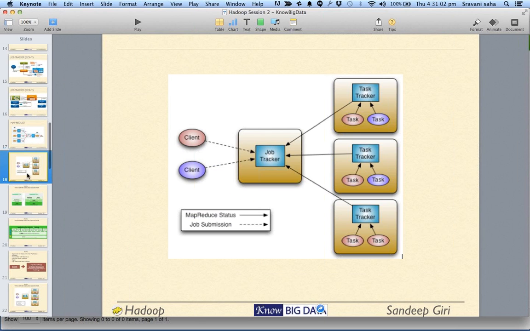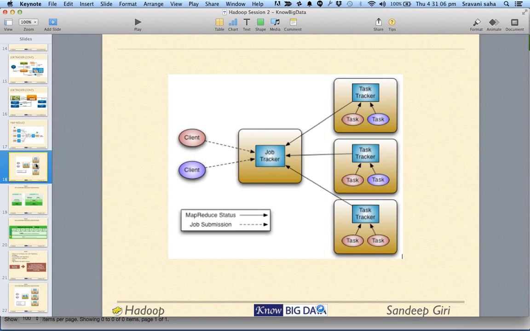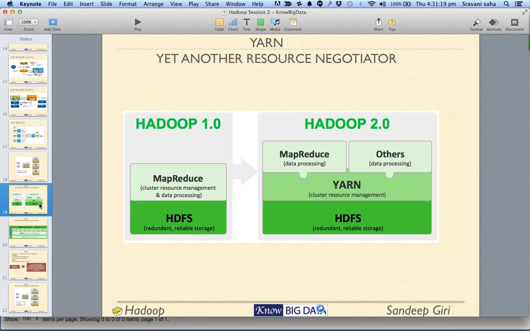Excellent. So, all right. Now, still we are on the theory part. We will move on to the practical very quickly. So there was something called Hadoop 1 and Hadoop 2.